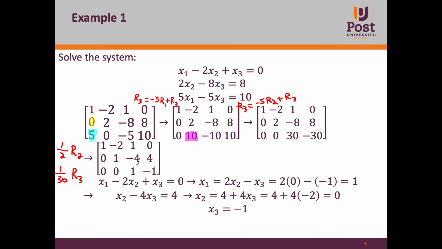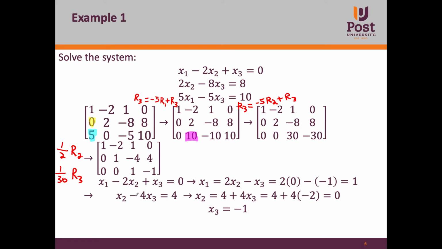Doing so is now going to make this matrix down here 1, -2, 1, 0, 0, 1, -4, 4 when we divide this row in half. And then dividing this row by 30, we get 0, 0, 1, -1. And now we can write these as equations.